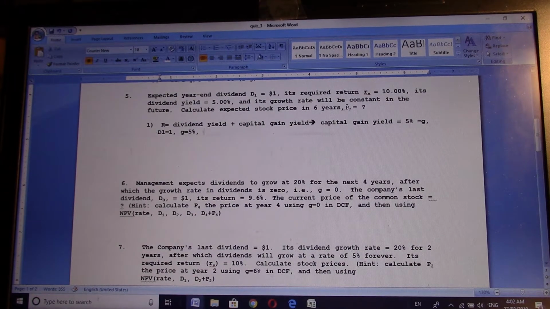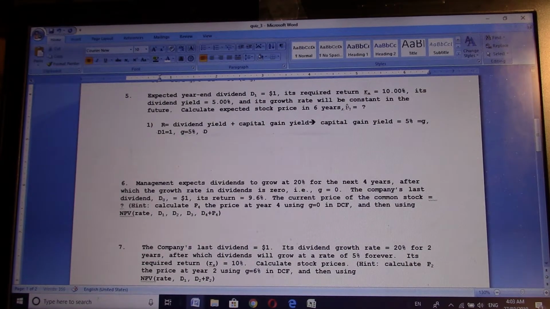So it's asking for stock price in year 6. It was a typo here. It should be P6 here, in 6 years, so it should be P6, not P7. Okay, let's do that.